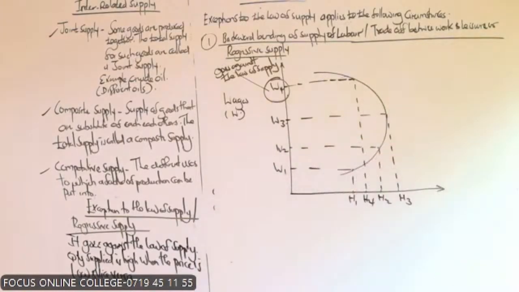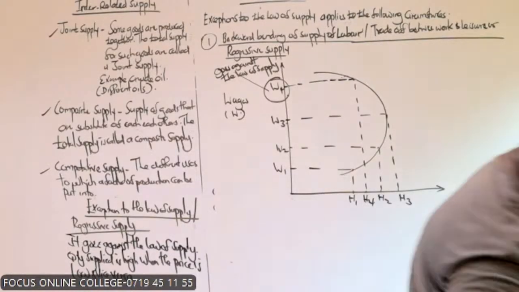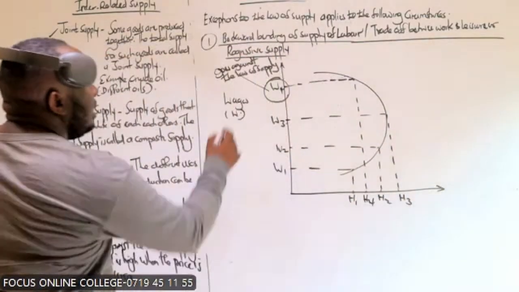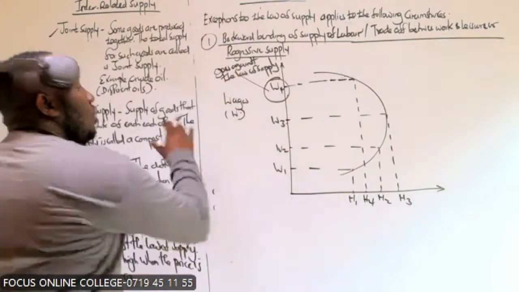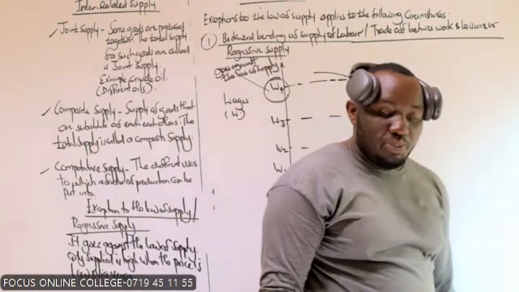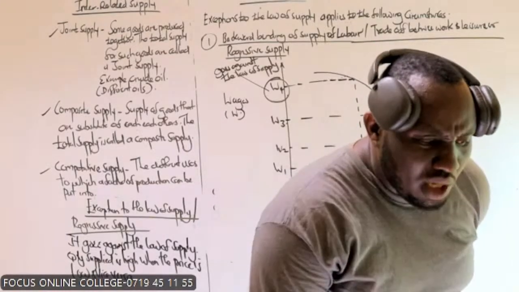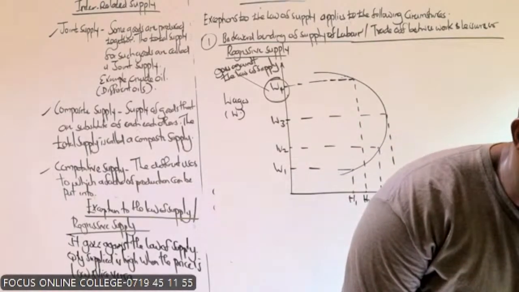So we can see that if you look at this, at wage 4 we expect this person to work even extra, but this person is not working extra. What explains that? The question is, why would that happen?